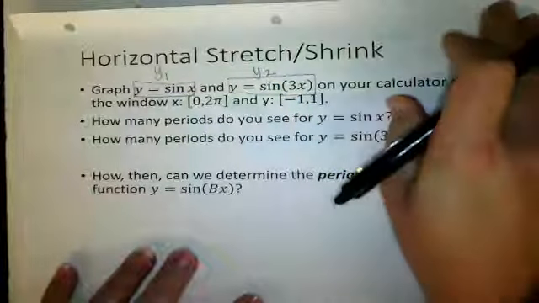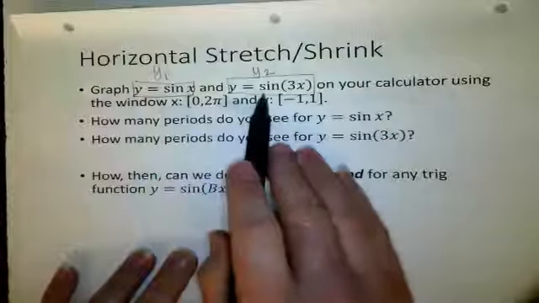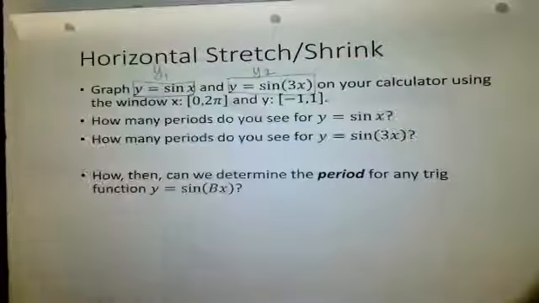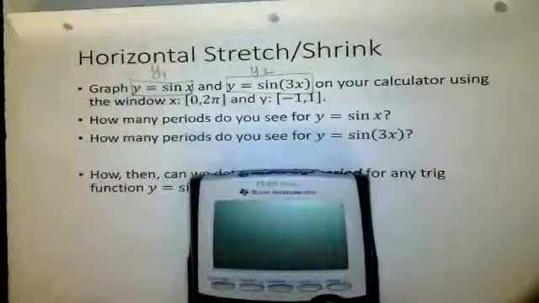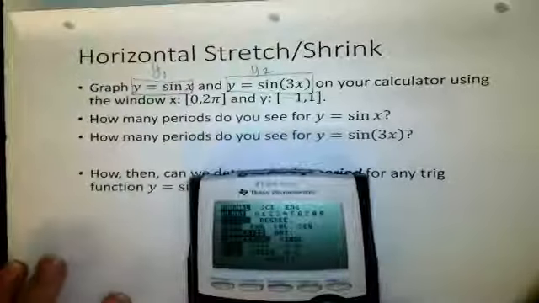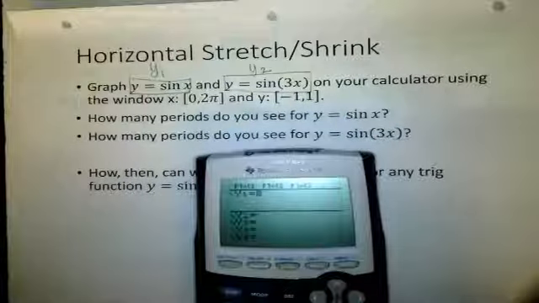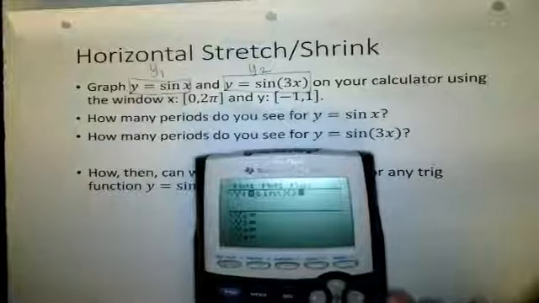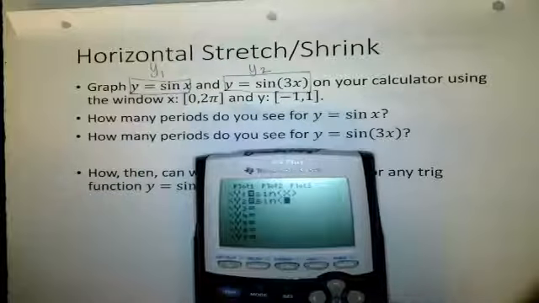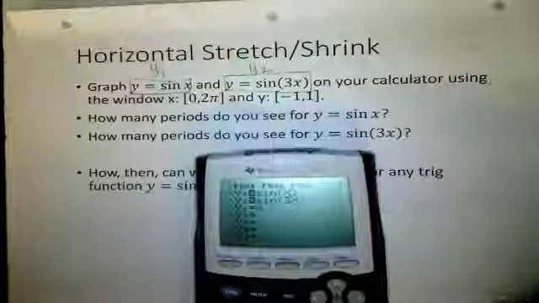So would you go ahead and plug those into your calculators, please? y1 and y2. What mode should you be in? Radian mode. So make sure you're in radian mode.